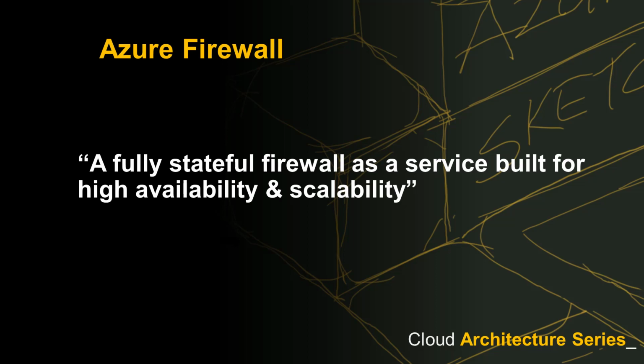It's a fully stateful firewall as a service with built-in availability and unrestricted cloud scalability. You can use NVAs, but Contoso management have mandated us to use the Azure Firewall. They do not want to manage infrastructure, and they don't want to be bothered with scaling it as they have need during the month, so we need to cater for that. So what we're doing here, guys, is choosing the right building blocks for the business requirement for Contoso.